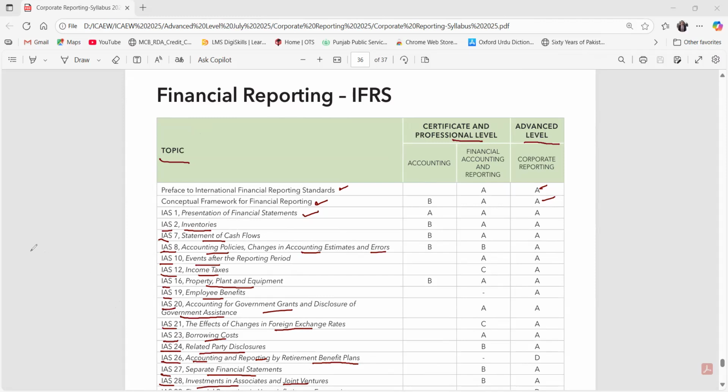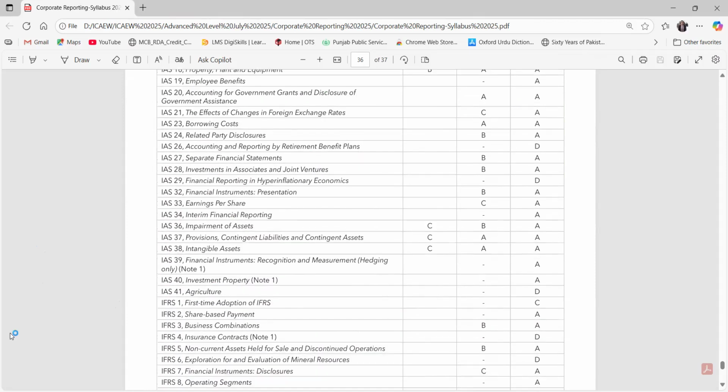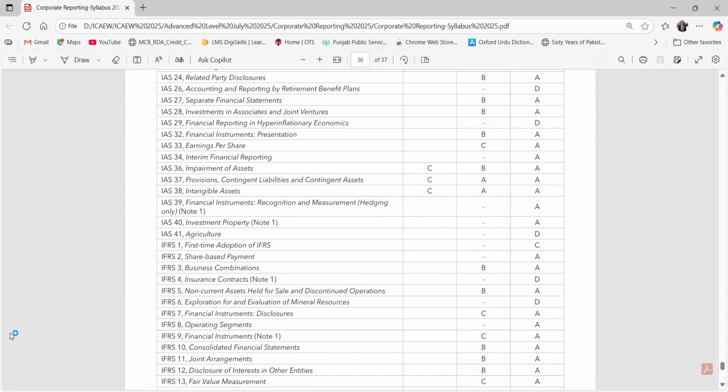What are differences between associates and joint ventures? Then IAS 29. IAS 29 is basically about hyperinflationary environment, basically.